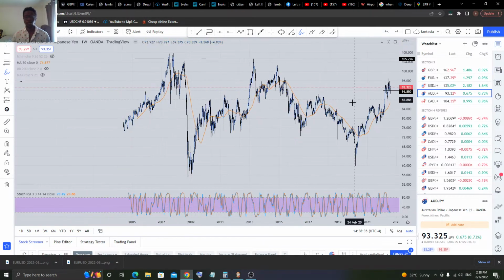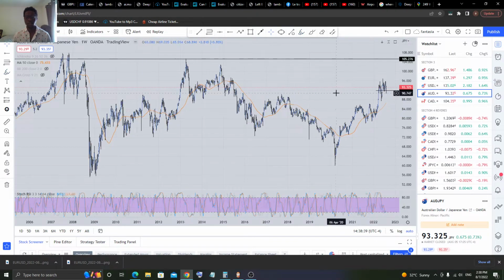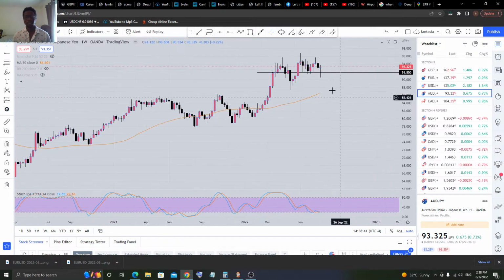So anytime you see something like that, if price needs to break through a bigger resistance, price will kind of make a double top or double bottom and then break through.